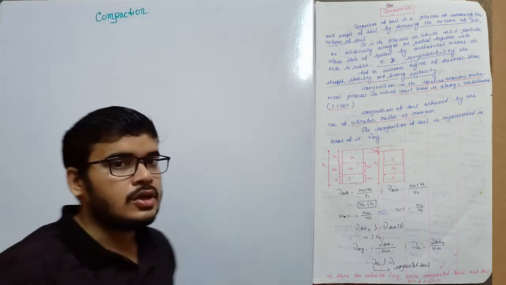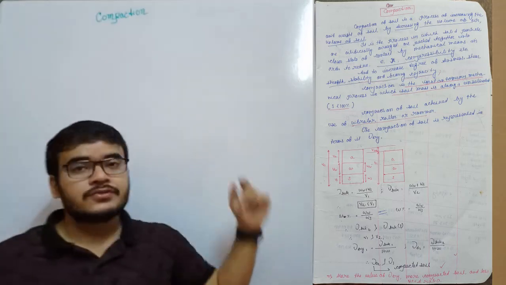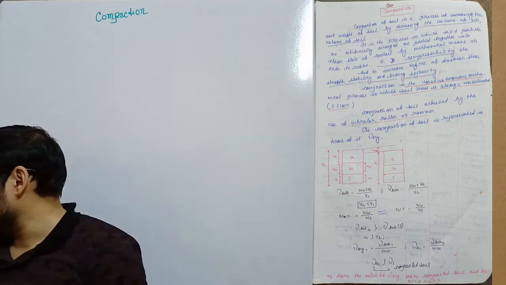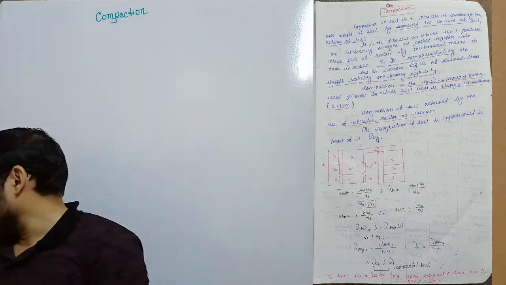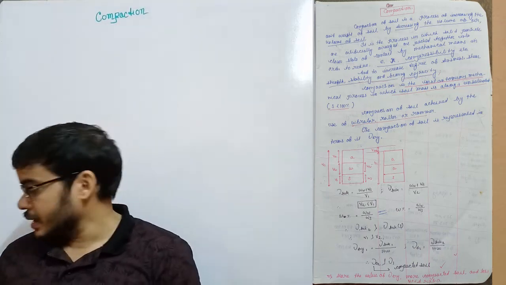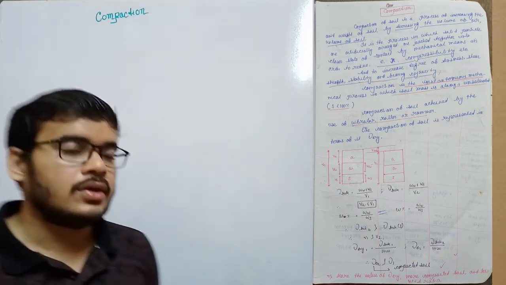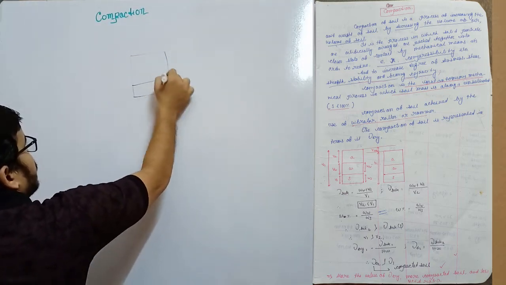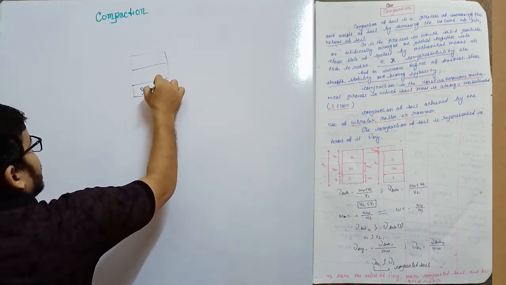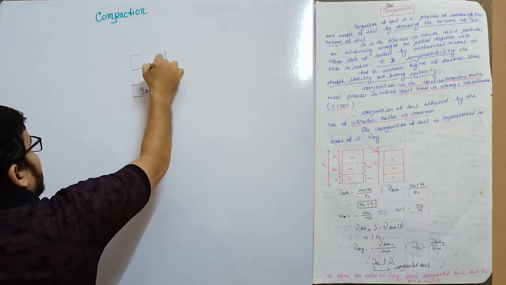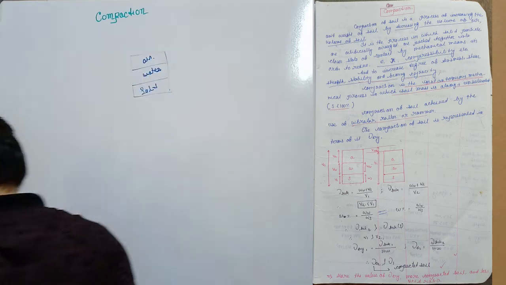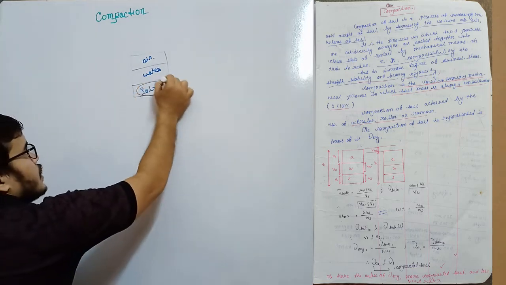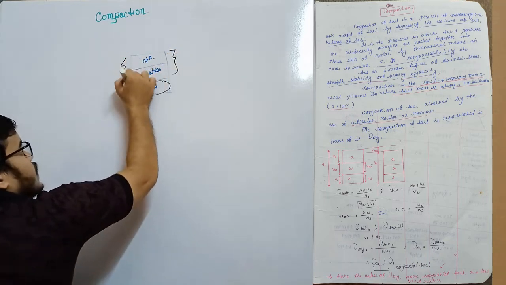The first thing is, compaction of soil is a process of increasing the unit weight of soil by decreasing the volume of air and volume of soil. As you all know, soil has three parts: solid, water and air. Only the solid is a constant term, and the other two are variable.